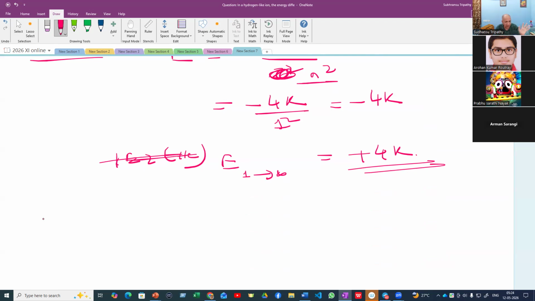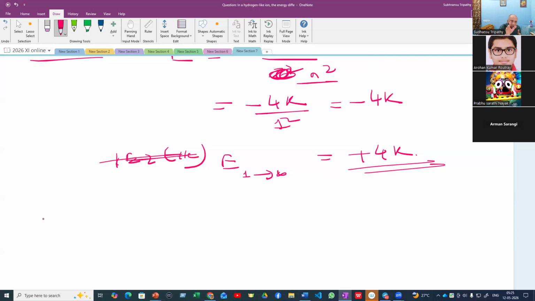I'm not asking that. I'm asking in terms of K. 4K will be the energy required to shunt out the electron, the only electron present in He plus, from the ground state to the infinite distance, so that you convert He plus to He double plus. That is why it is called the second ionization energy of helium atom.